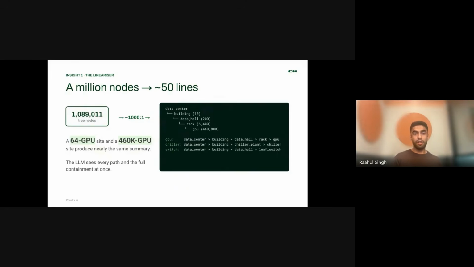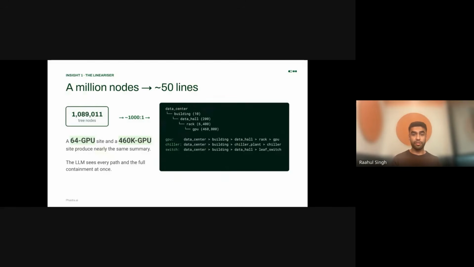For example, if your 1 gigawatt scale factory can have over a million nodes, and each node represents a unique equipment, because you want to go from the root to the leaf, all you have to do is describe all the parts, and that's a very small finite list.